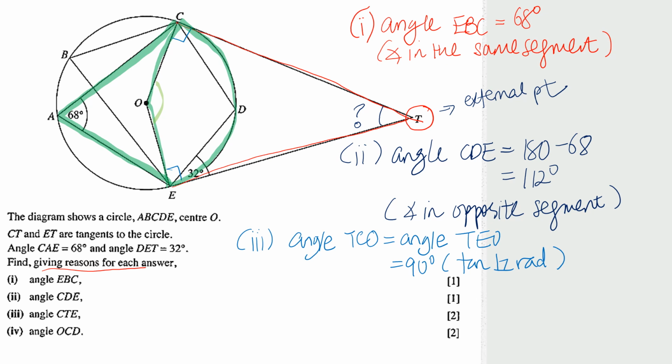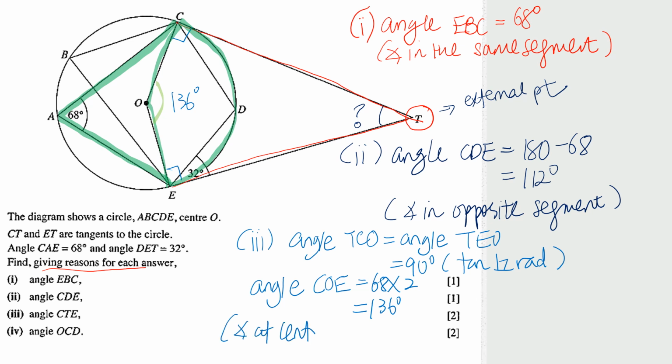So it's 68 times 2, which gives you 136. So angle COE equals 68 times 2, which gives you 136. The reason is angle at the center is twice the angle at the circumference.